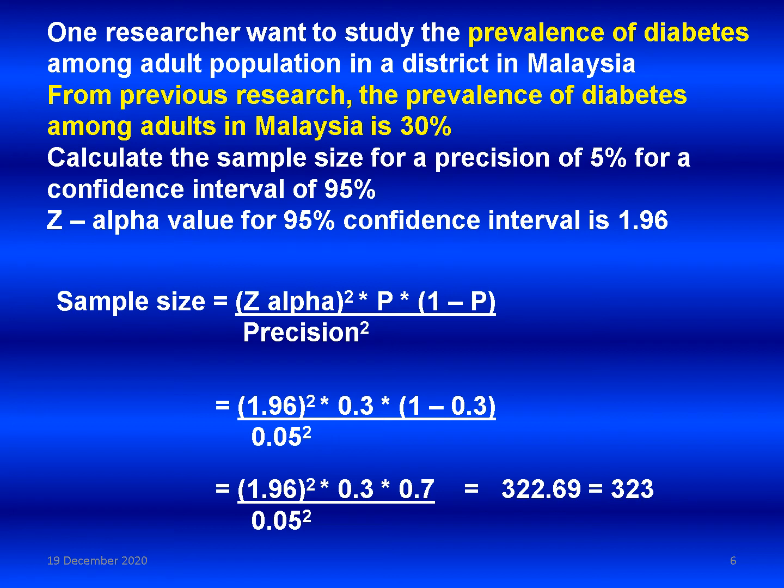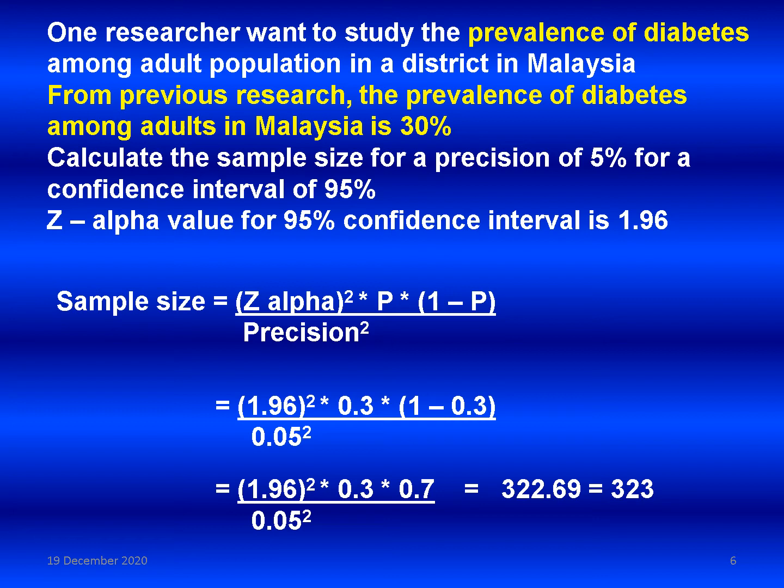From previous research, the prevalence of diabetes among adults in Malaysia is 30%. So P is 30%. Calculate the sample size for a precision of 5% for a confidence interval of 95%. Z alpha value for 95% confidence interval is 1.96.